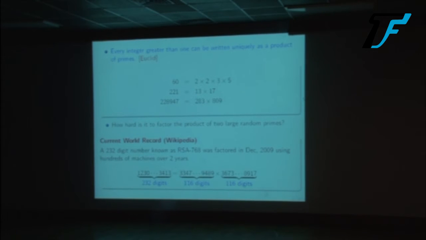So that's an indication of where we stand, at least a few years ago, in factoring numbers. So currently it seems to be a hard problem for computers to do.